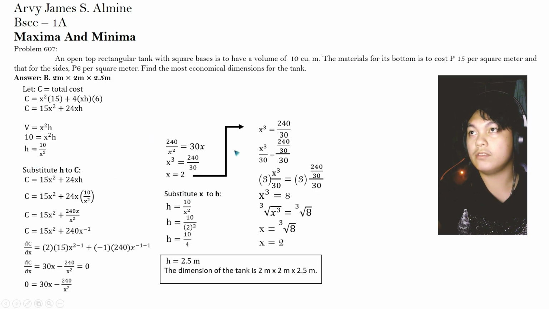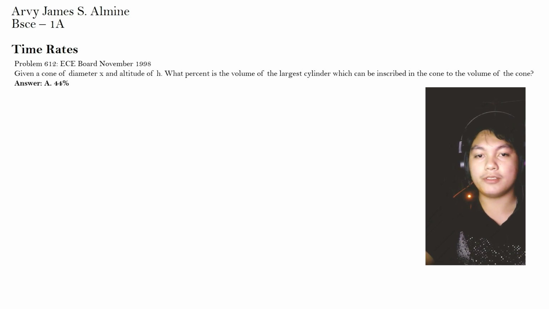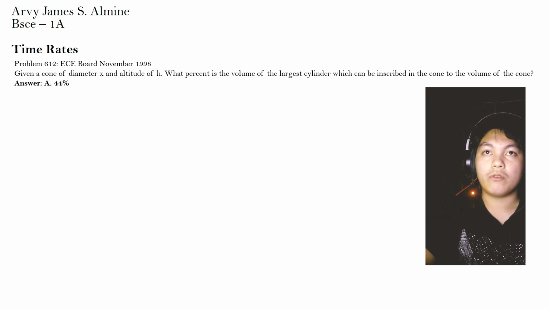This is how we solve the maxima and minima. So the last one is the time rates. We have here example problem 612, ECE board November 1998. Given a cone of diameter x and altitude of h, what percent is the volume of the largest cylinder which can be inscribed into a cone to the volume of the cone?